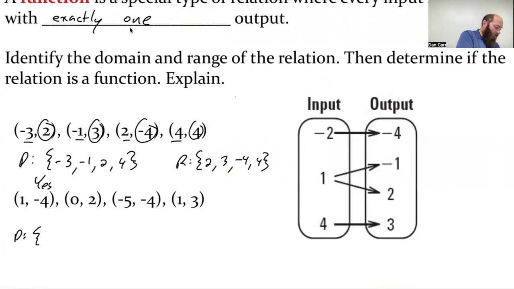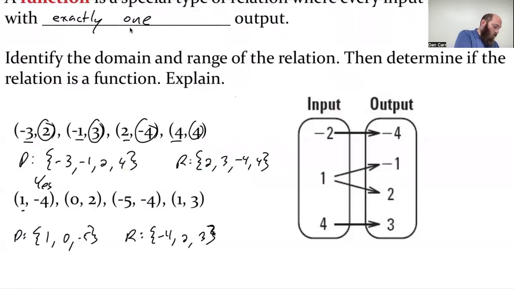My domain here is 1, 0, -5, and it's 1 again, so I don't need to write it again. Range is going to be -4, 2, -4 again, and 3. This is where we start seeing a not a function.